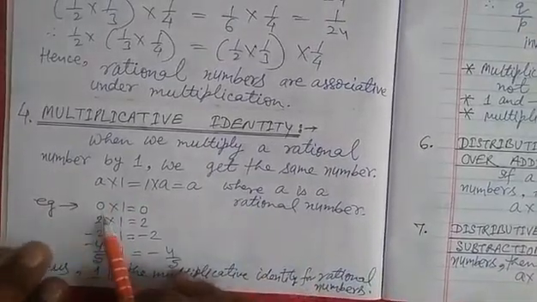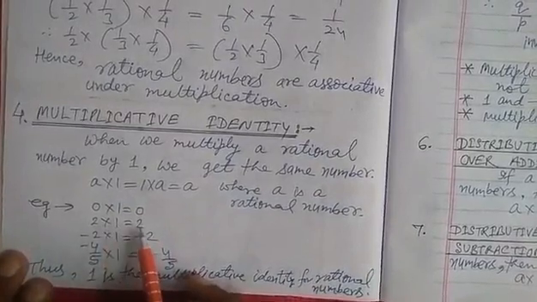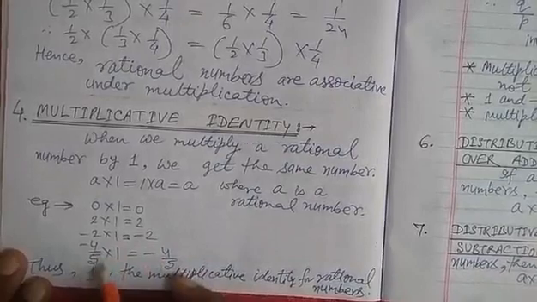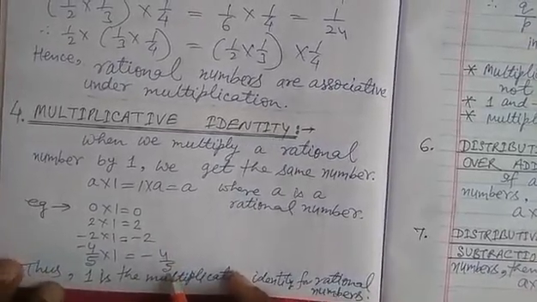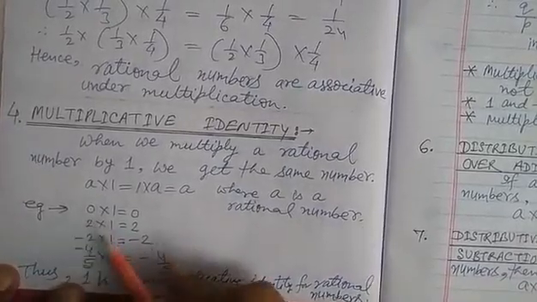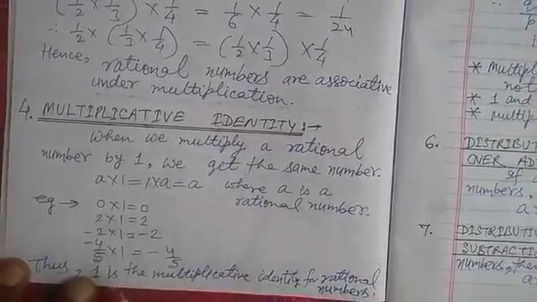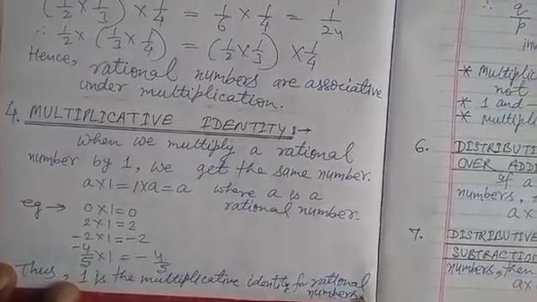For example, 0 into 1 is equal to 0, 2 into 1 is equal to 2, -2 into 1 is equal to -2, -4/5 into 1 is equal to -4/5. Means when we multiply these rational numbers by 1, we get the same rational number. Thus, 1 is the multiplicative identity for rational numbers.